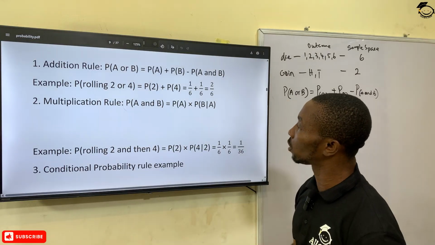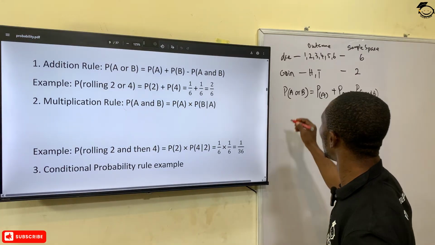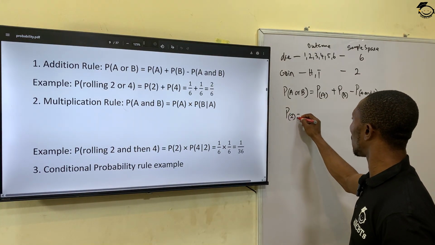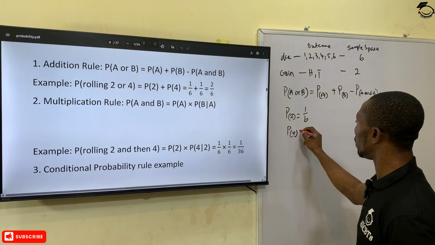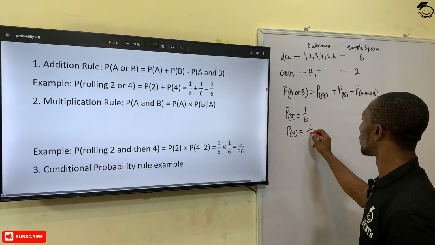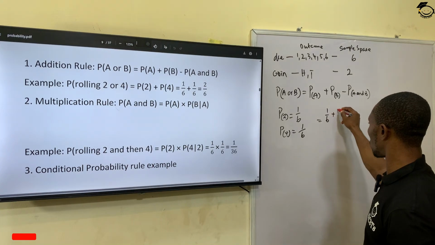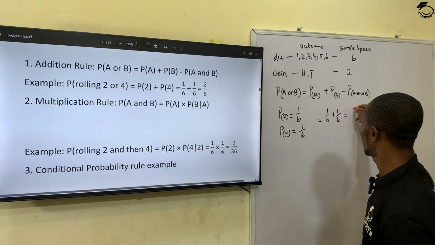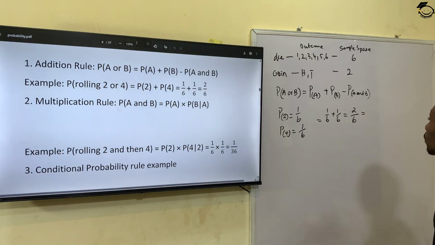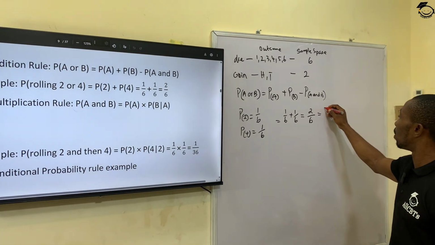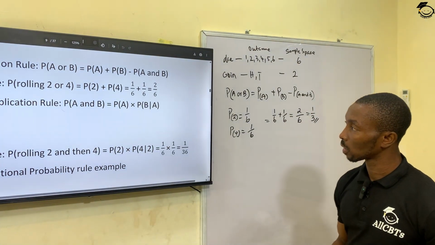Probability of getting a 2 on a die is 1 over 6, and probability of getting a 4 on a die is 1 over 6. So adding the 2 together gives us 1 over 6 plus 1 over 6, which is 2 over 6, which when brought to its lowest term would be 1 over 3 as our answer.